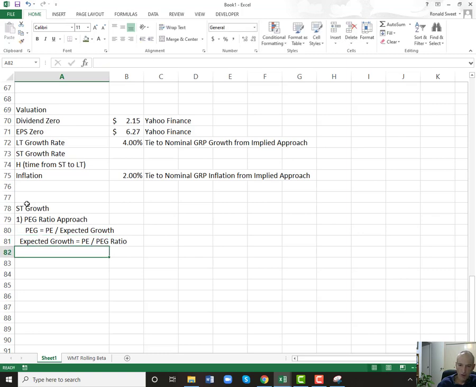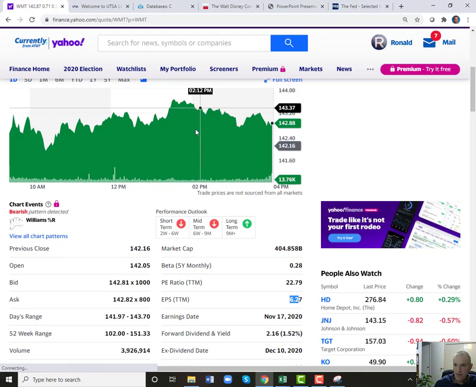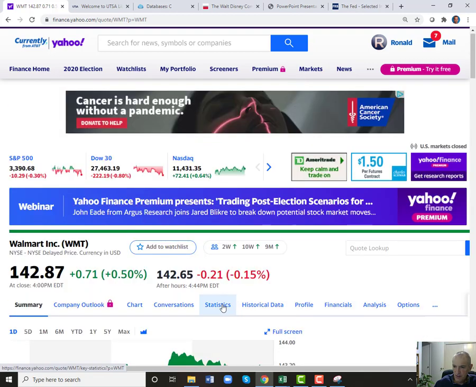So let's go for Walmart. In Walmart, it's the forward PE, because that's what PEG is based on, not the trailing PE. So we go to Walmart, we can get this data pretty easily. Just go up to Walmart and click on statistics, and it will be under statistics.